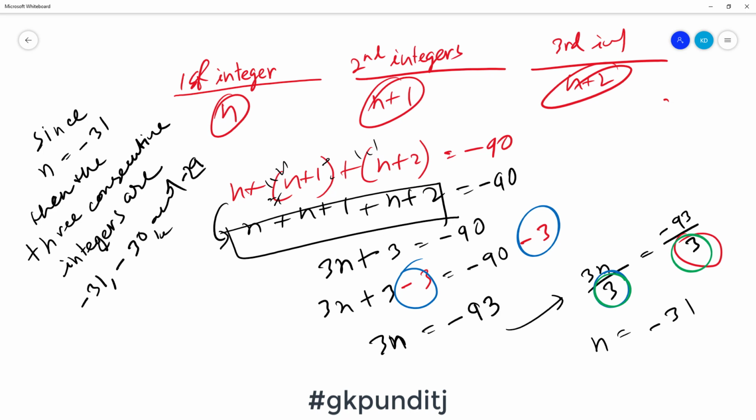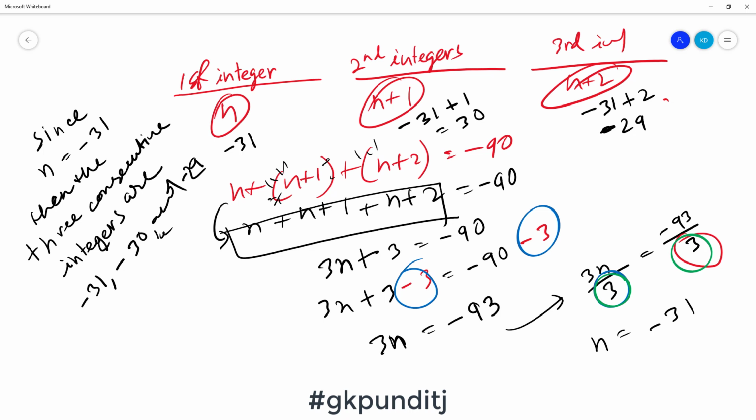Okay, so the first integer is minus 31, that is minus 31 plus 1 is equal to minus 30, minus 31 plus 2 is equal to minus 29.